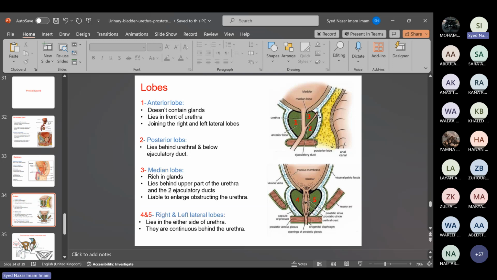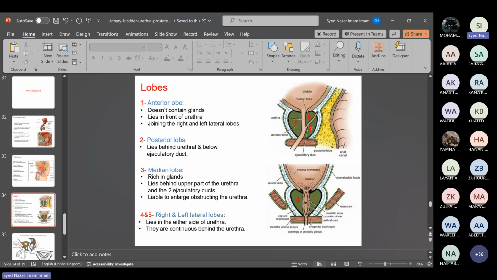You remember in the posterior wall, we have the opening of the ejaculatory duct, which is formed by the vas deferens and the duct of the seminal vesicle. This divides the posterior lobe into an upper part and a lower part. The upper part is called the median lobe and the lower part is called the posterior lobe.